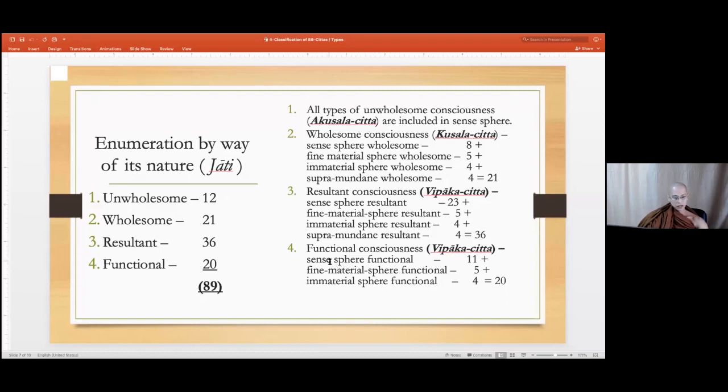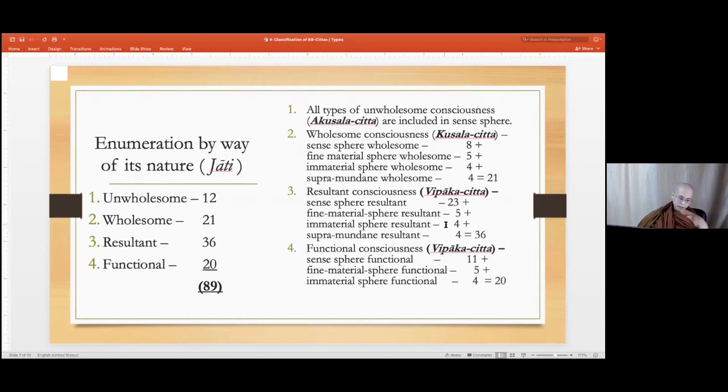Then the functional consciousness: sense sphere functional consciousness 11, five material sphere functional consciousness 5, and immaterial sphere functional consciousness 4. And there is no supramundane functional consciousness. So in this way, we classify according to its nature, according to jati: unwholesome, wholesome, resultant, functional.